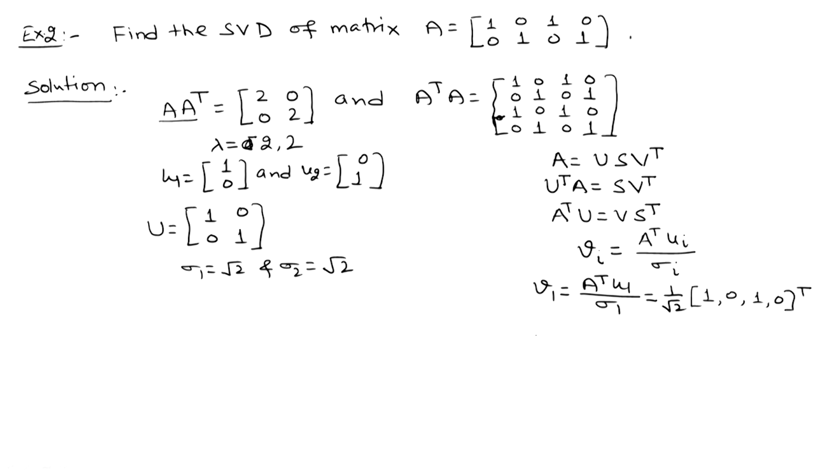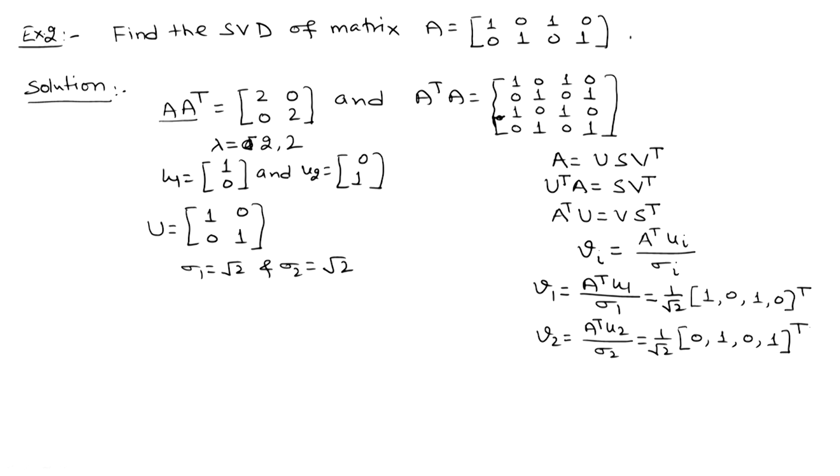From here, if I calculate V2, which will become A transpose U2 upon sigma 2, it comes out to be 1 by root 2, since sigma 2 is root 2, into 0 1 0 1 transpose.